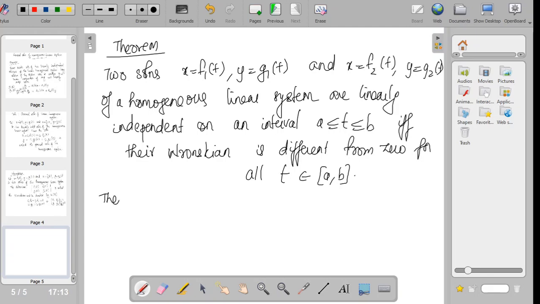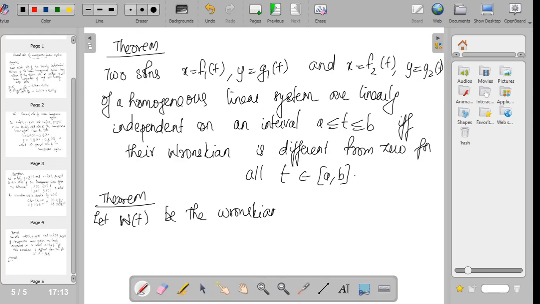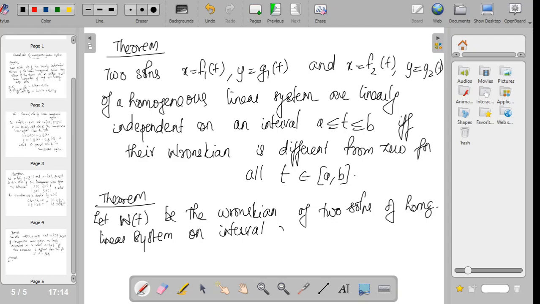And we have one more theorem on the behavior of the Wronskian. Let W(t) be the Wronskian of two solutions of the homogeneous linear system on the interval a less than or equal to t less than or equal to b.